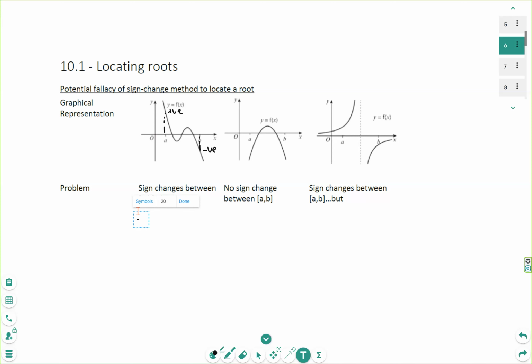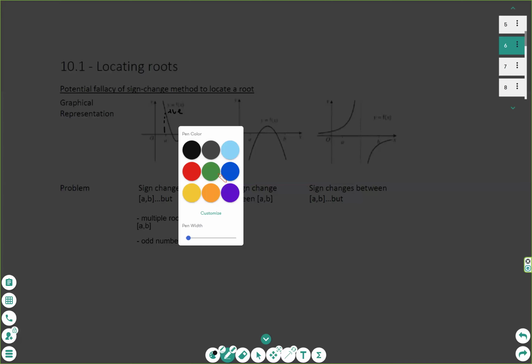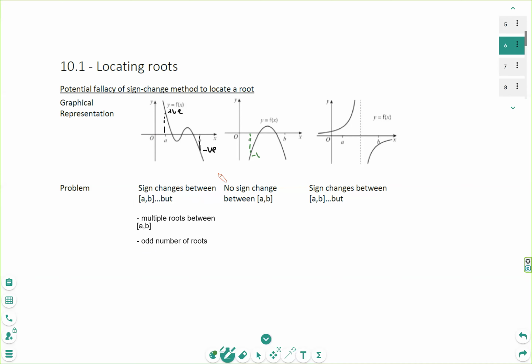There are multiple roots between A and B. Also, usually there are an odd number of roots. So it could sign change, but there are multiple roots. There are an odd number of roots. There's no sign change in A and B. Now, I'm using a different color in here. You can see in here, negative, negative.